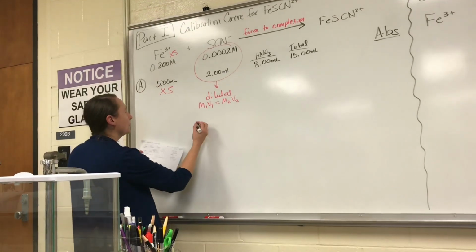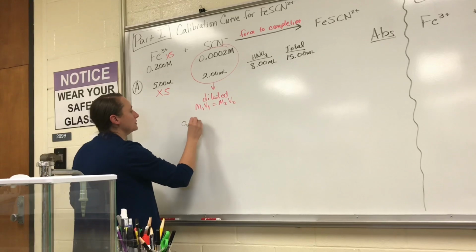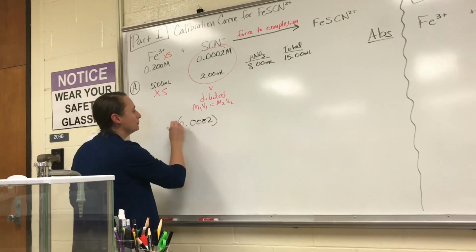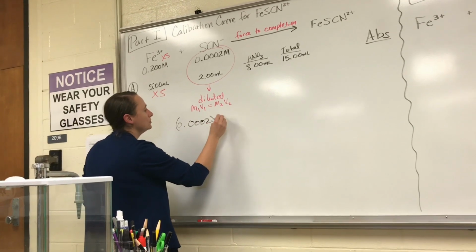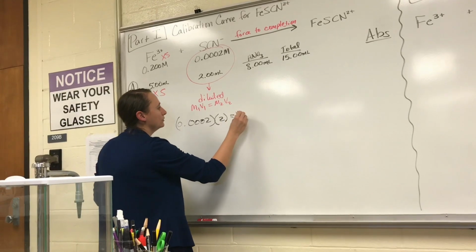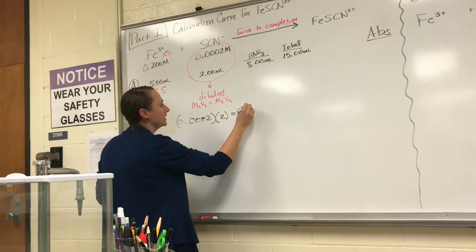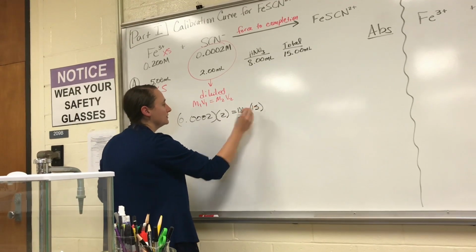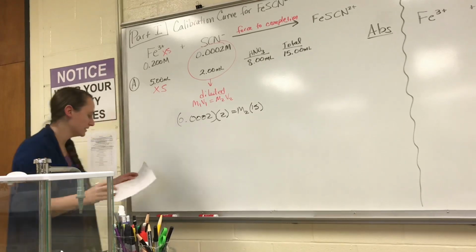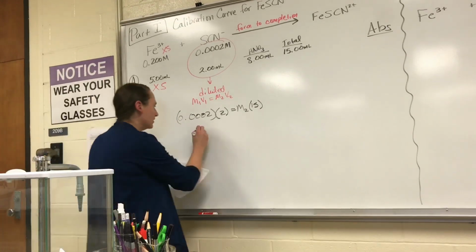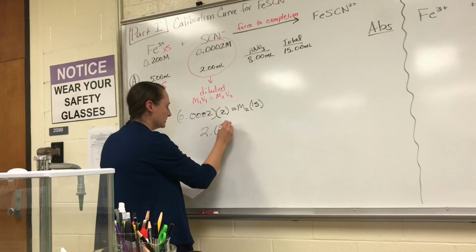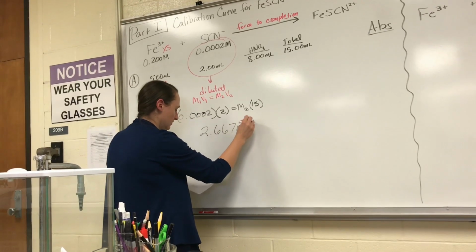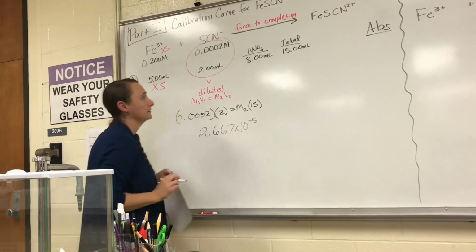All right, so 0.0002 molar times 2 milliliters will give us our new concentration, and our total volume is 15. So when you solve for this new concentration, you get 2.667 times 10 to the negative 5.